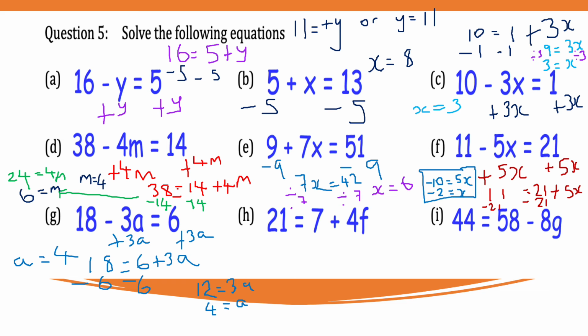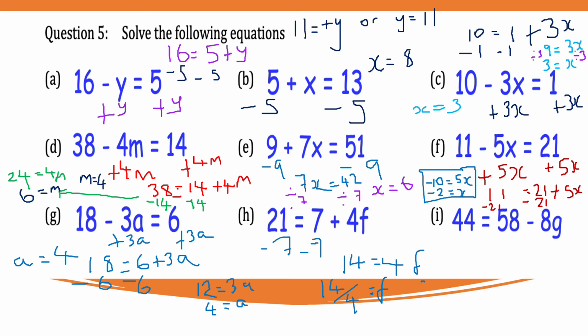For H, 21 equals 7 plus 4h. Subtracting 7 on both sides, okay, I'm going to get 14 is equal to 4h. Dividing both sides by 4, I get 14 over 4, or 14 quarters, is equal to h, which I can just simplify that fraction.